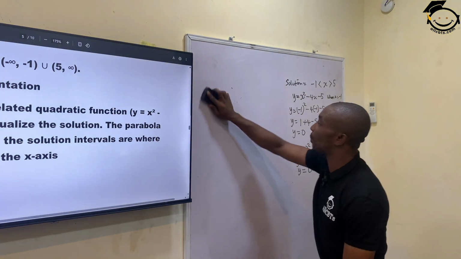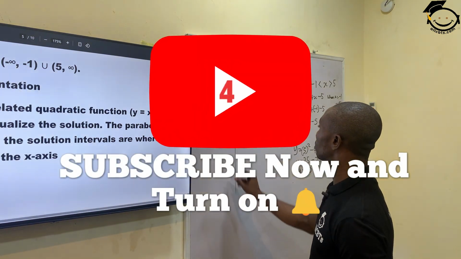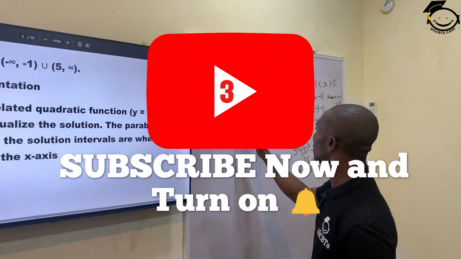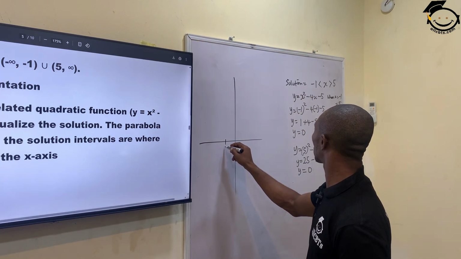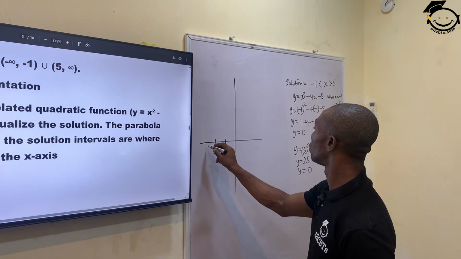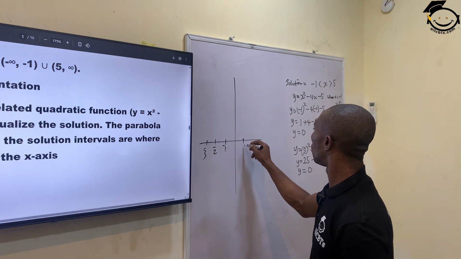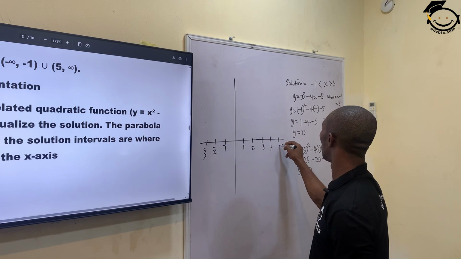So let's look at what our plot will be like. We have minus 1, minus 2, minus 3, 1, 2, 3, 4, 5.